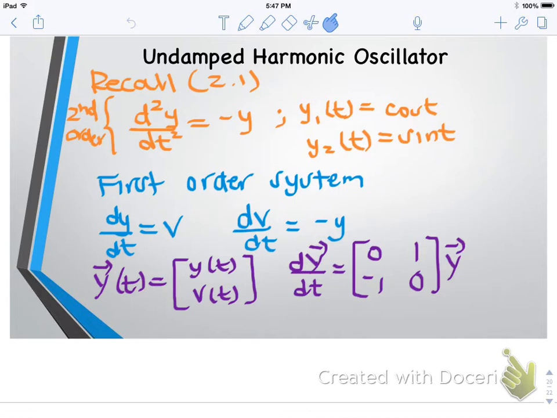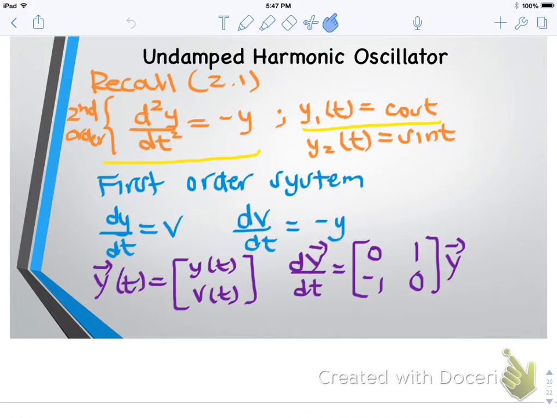Recall from section 2.1, or the example we did in class, so you can look back over your notes. We were given this second order differential equation, and we found in class that y sub 1 of t equals cosine t was a solution.